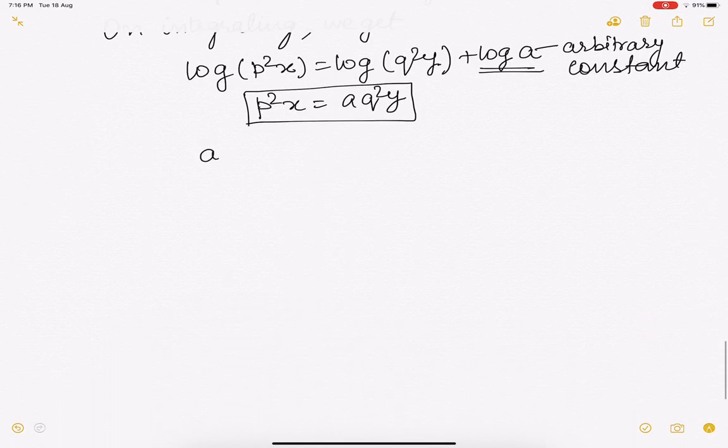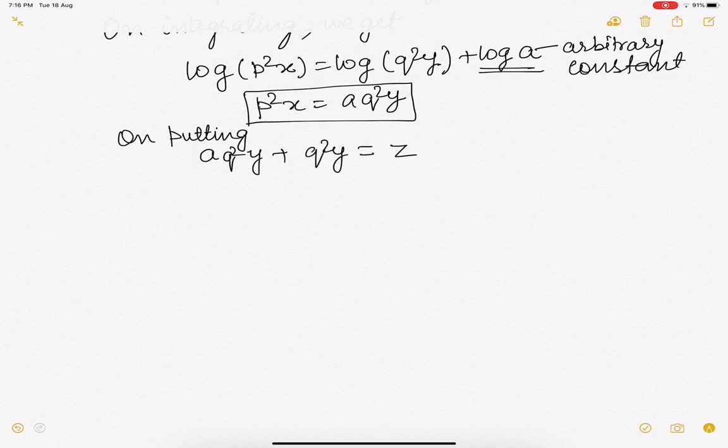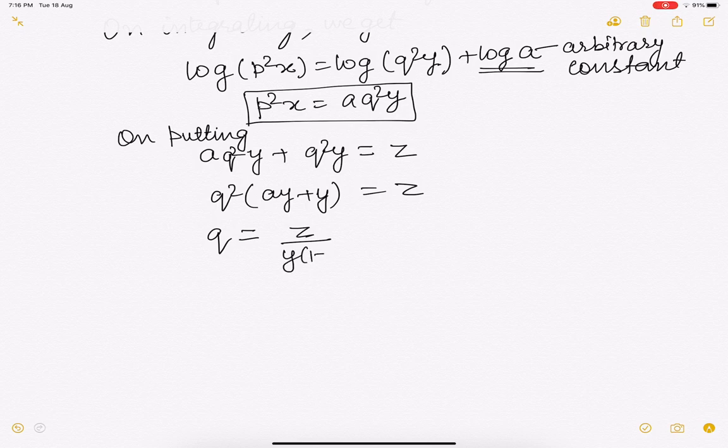We'll get a q square y plus q square y is equal to z. So we have q square (a y plus y) is equal to z. So q is equal to root of z upon y(1 plus a). So we have this equation.